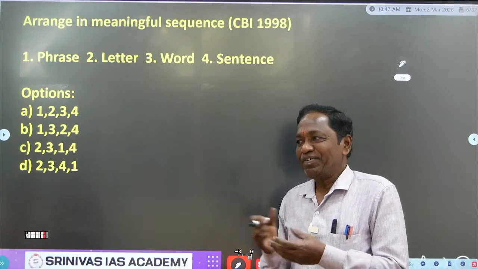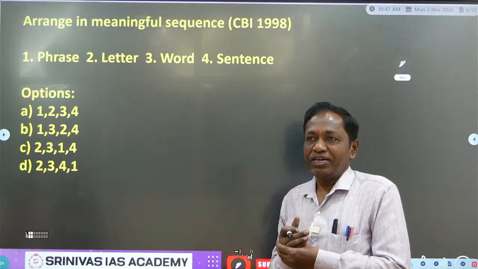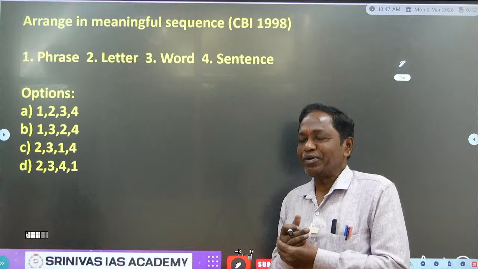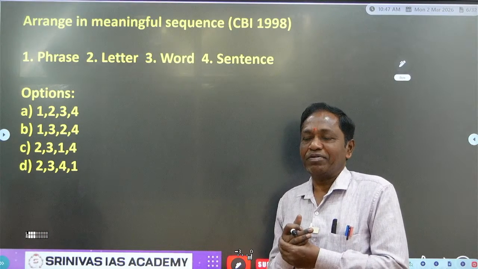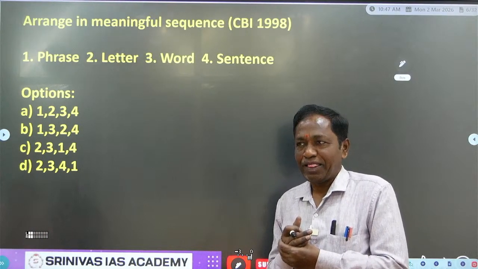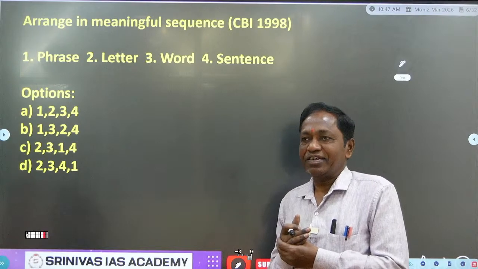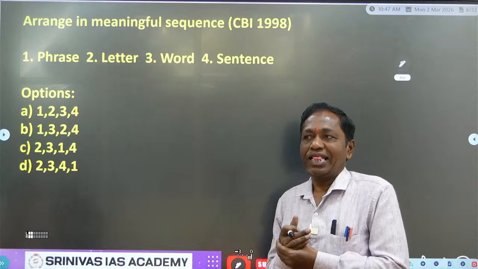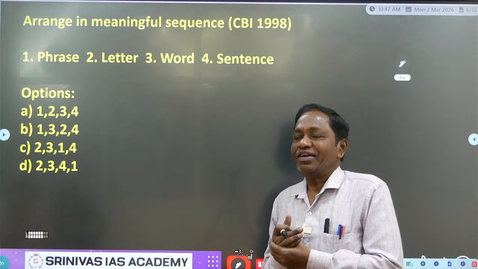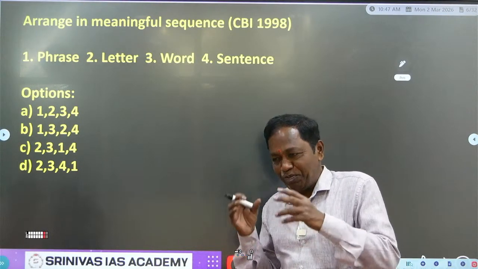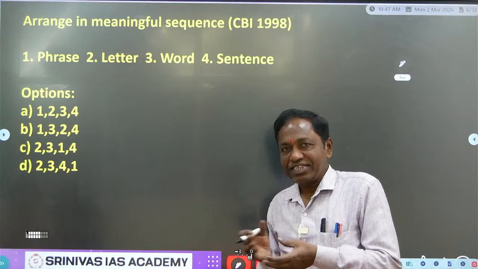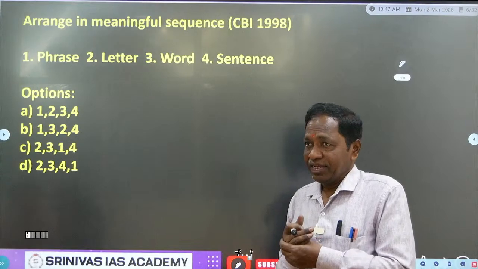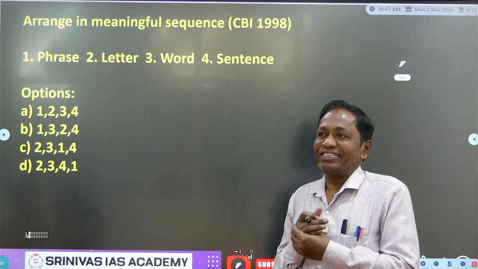For example, "a book in the corner." Is it a sentence or a phrase? It is a phrase. Why is it not a meaningful sentence? It still gives a meaning, but a sentence is a group of words which makes complete sense and should contain a verb.